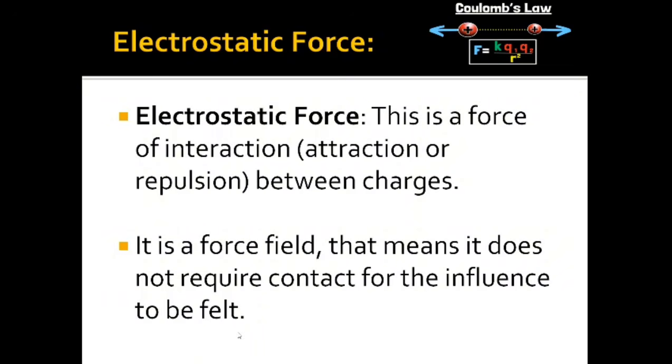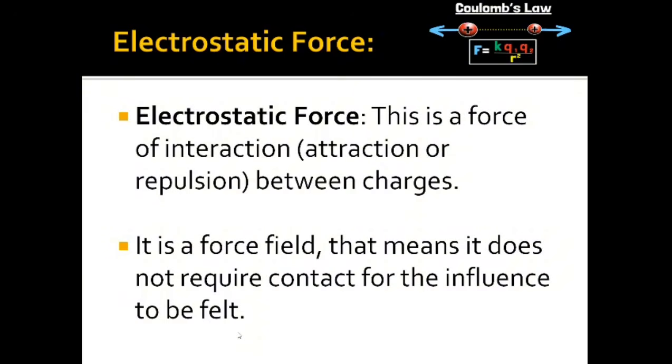Exactly the same way, electrostatic force is a force field. It's not a contact force. So it doesn't require contact before you can feel the influence.